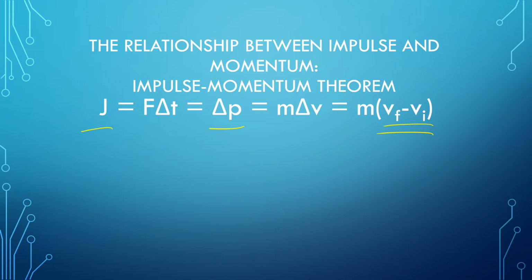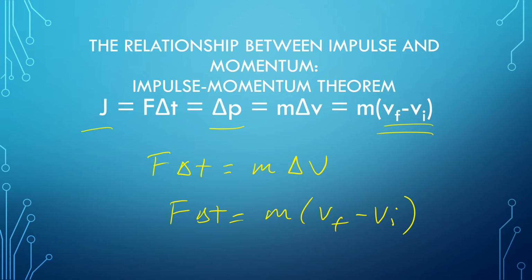So all of this equals each other. So technically you could have a problem where you have your force times time equals your mass times the change in velocity, or maybe this is the force, this is the time, solve for the final velocity, for example.